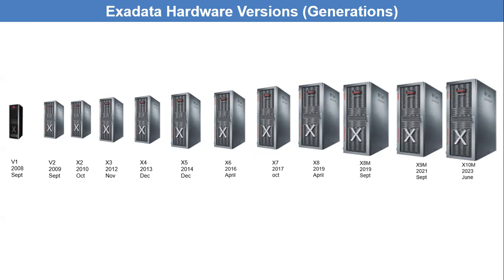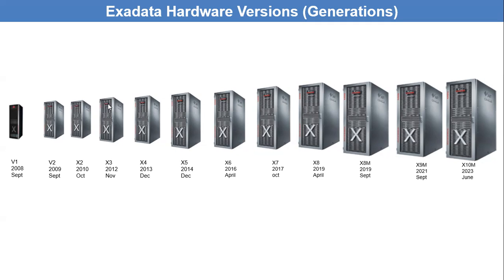The first one is version 1. So if you see version 1 of Exadata system or Exadata rack, these are called Exadata racks. Okay, Exadata comes in a rack. In each rack, you have many servers. All the hardware components are inside this rack: the servers, the storage servers, the database servers, the network switches, the power distribution units.